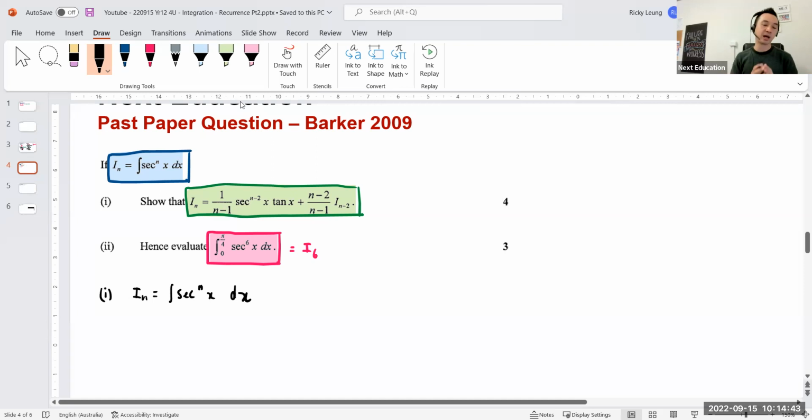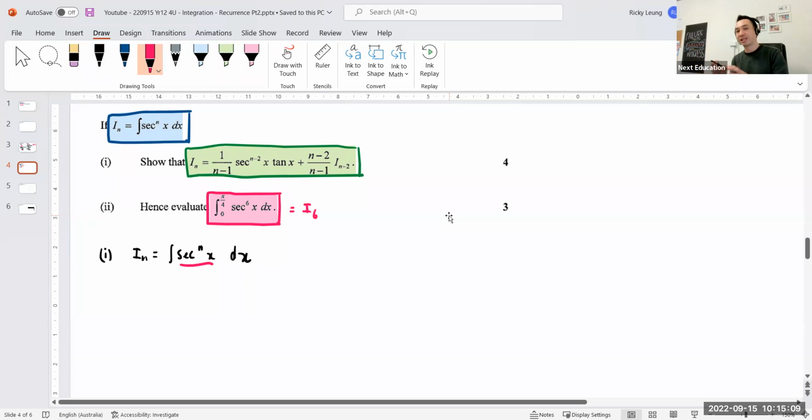The principle is I want to break up sec to the power of n so that I have something integratable. Yes, you can leave it as sec^n and 1 is absolutely integratable. But then when you integrate 1, you get x. You don't want x as a function by itself because you want to stay with trig, right? So I need to break this guy up, and remember, I need to break it up into something that's integratable.